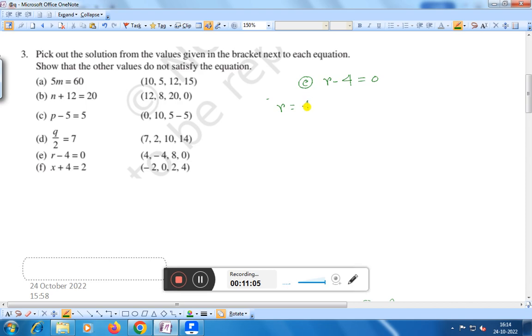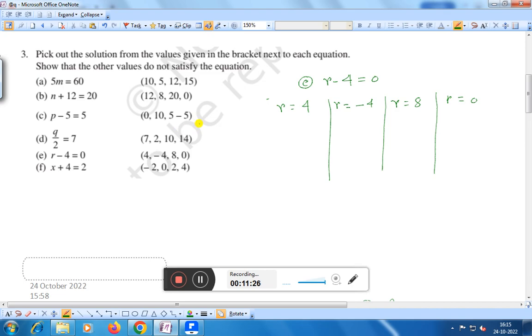The value of r is equal to 4, the value of r is equal to minus 4, the value of r is equal to 8, and the value of r is equal to 0.